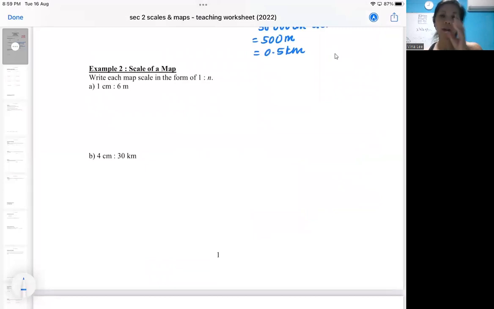The first type of question usually requires you to know how to write the scale. Note that the scale doesn't have units because it's understood that it will always be in centimeter. It's a worldwide standardization. So if we get this portion, it means 1 centimeter on the map represents 6 meter on the actual distance.